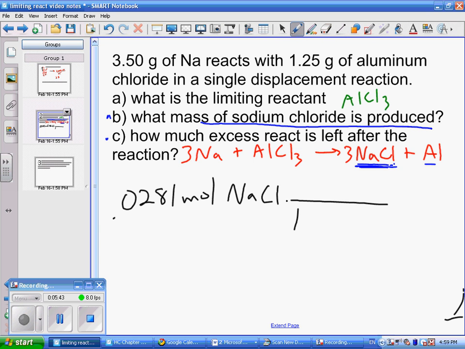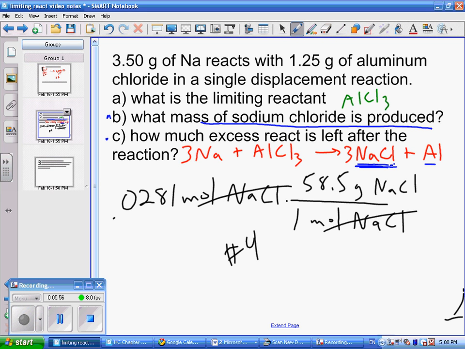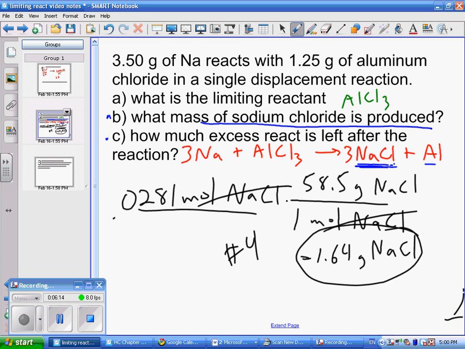This is step 4 of stoichiometry. 1 mole of NaCl, I'm back to 1 mole again, is equal to 58.5 grams per mole. So when I take 0.0281 times 58.5, I end up with 1.64 grams of NaCl produced. Okay? That is part B. So that was solving for the mass of a product using the limiting reactant.